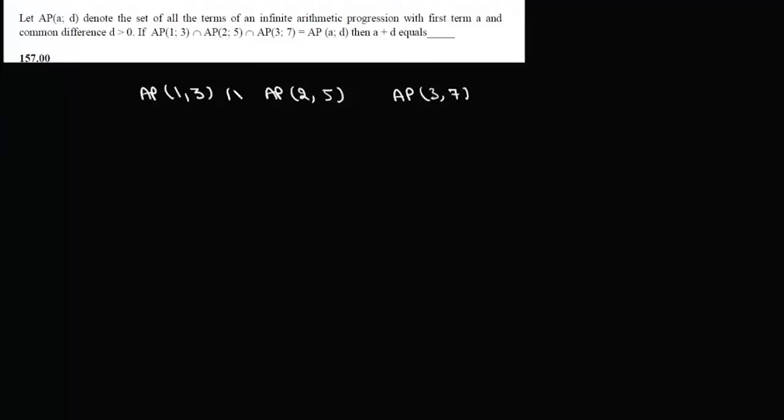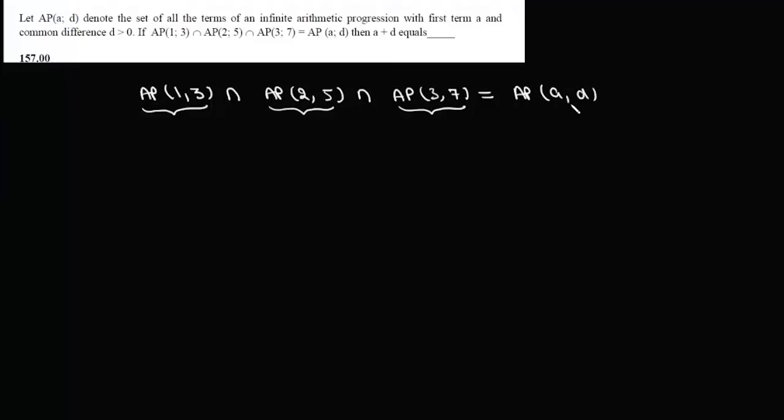It says we need to find the intersection of these 3 APs. Basically we need to find terms which are common to the 3 APs. So terms which are common to all the 3 arithmetic progressions, and we already know that terms common to APs will also form an AP.